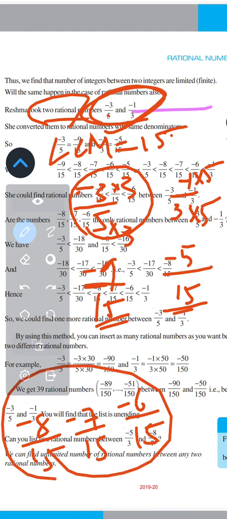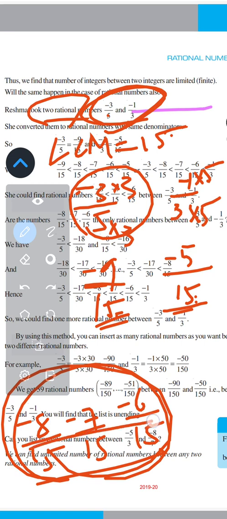So these are the three rational numbers between minus 3 by 5 and minus 1 by 3. Now imagine you want 5 rational numbers, but you got only 3. So what you will do is, after making the denominators the same, you count between minus 9 and minus 5, and only 3 you are getting, isn't it? Minus 8, minus 7, minus 6.